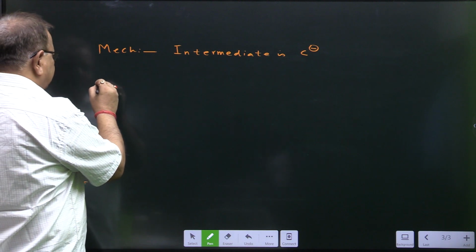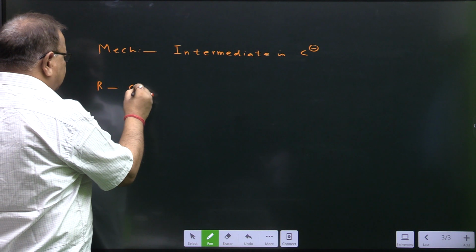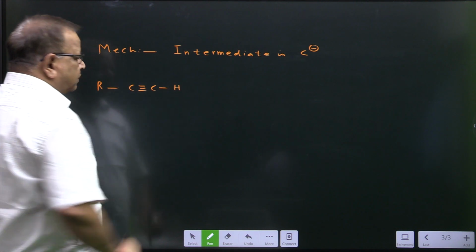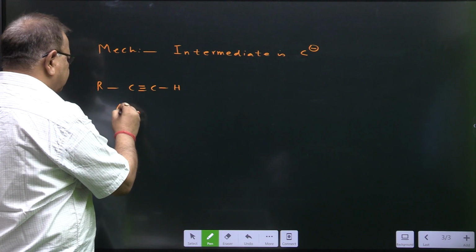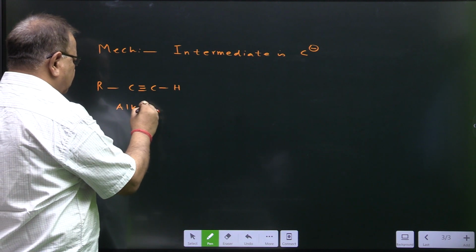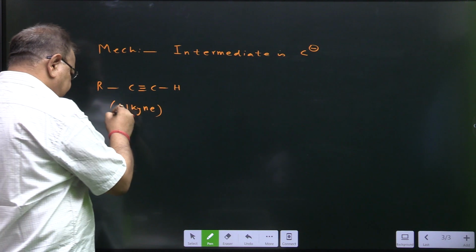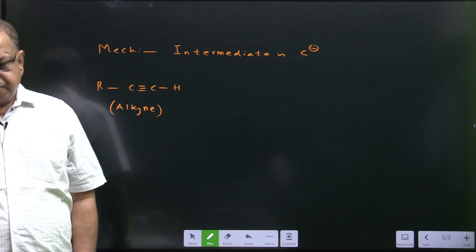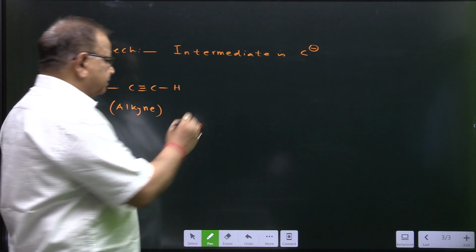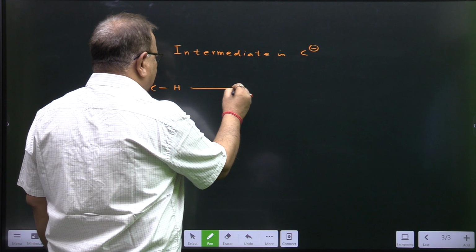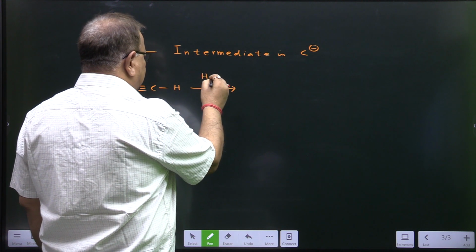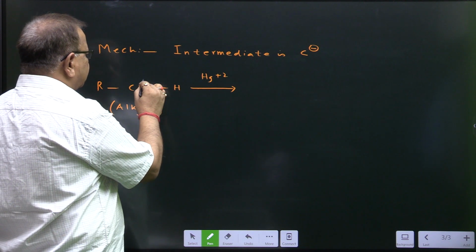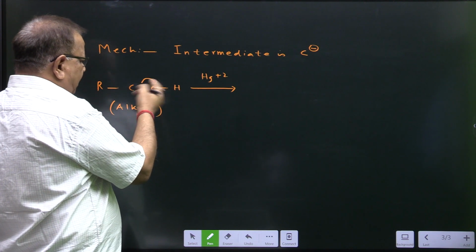Let us see like this: R-C triple bond CH, an alkyne. Now in this case Hg+2 is going to attack, the mercuric ion. It's electron deficient, like a carbocation.